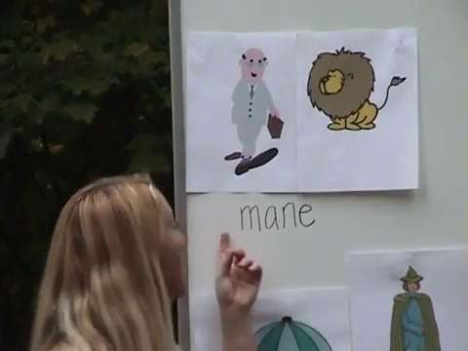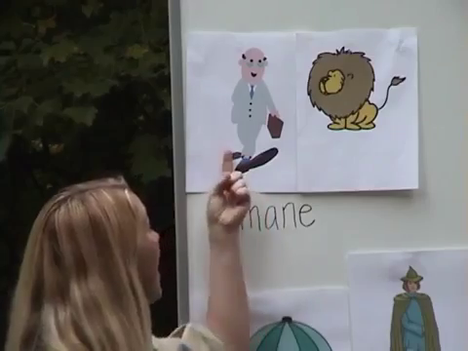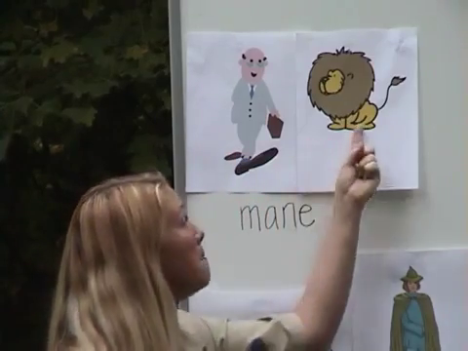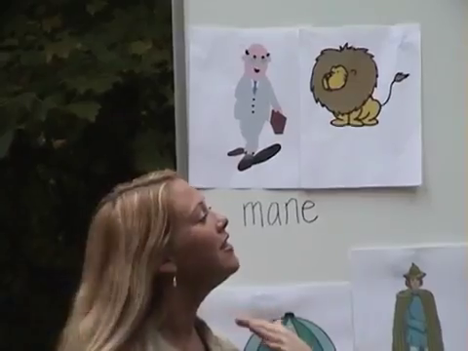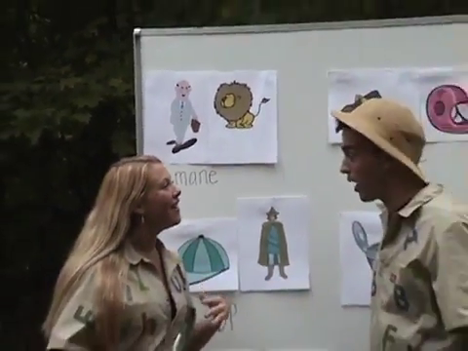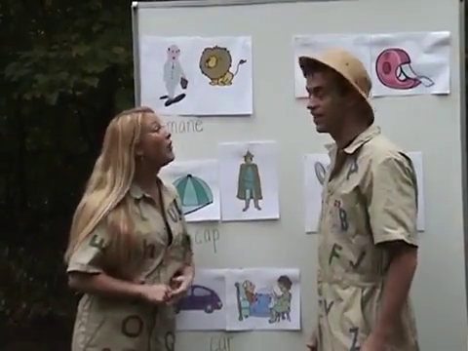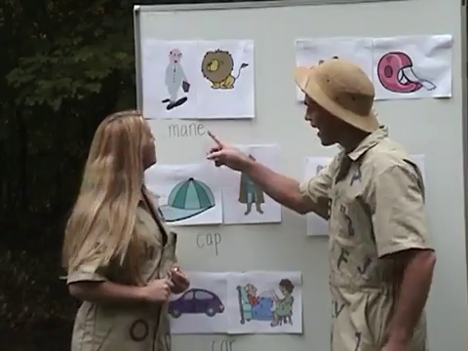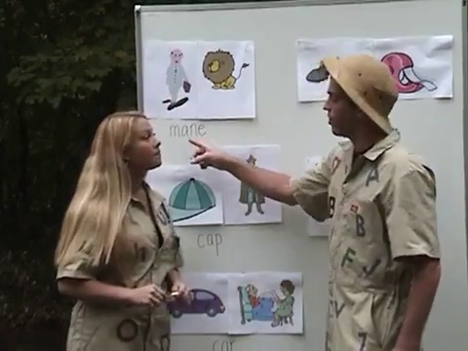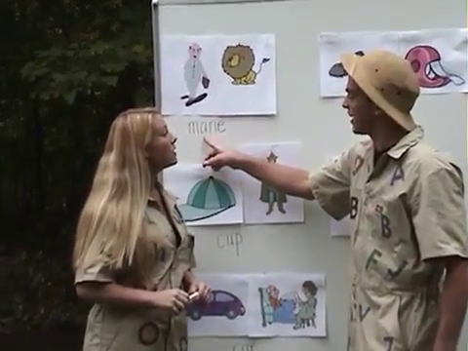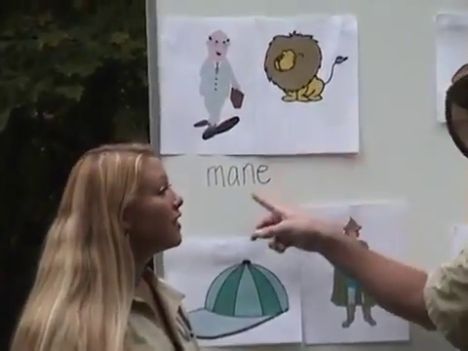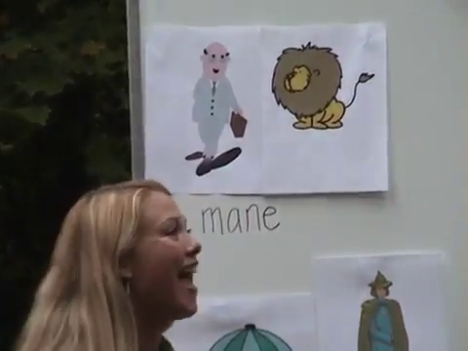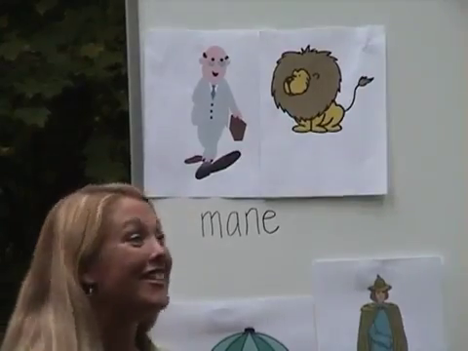So it becomes mane. Man becomes mane, like the mane on a lion. Do you know what a lion mane is? It's like the bushy hair all around his face. That's right. That's called a mane. So just by adding the E, this A goes from sounding like a, like man, into A, like mane. That's exactly right. I like that magic E.